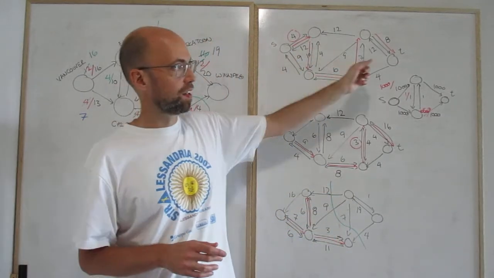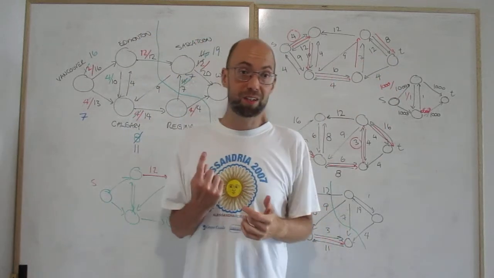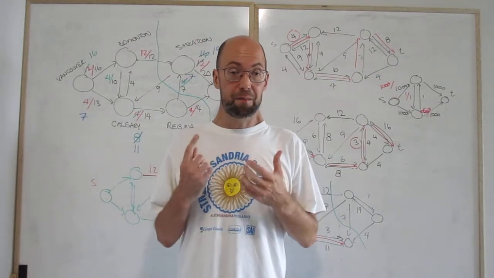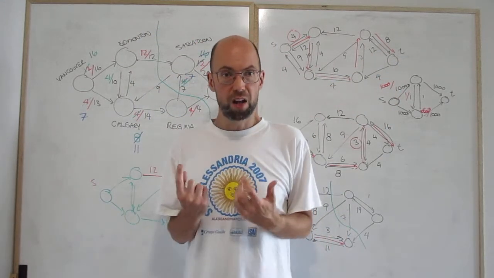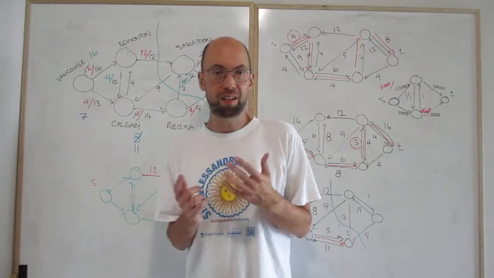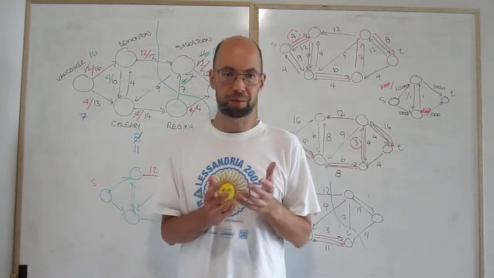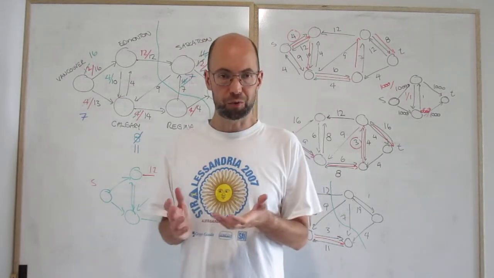So if you find a path, it's going to have a minimum that's at least 1, right? It can't be like 2/3 or something like that, or 1/1000th.